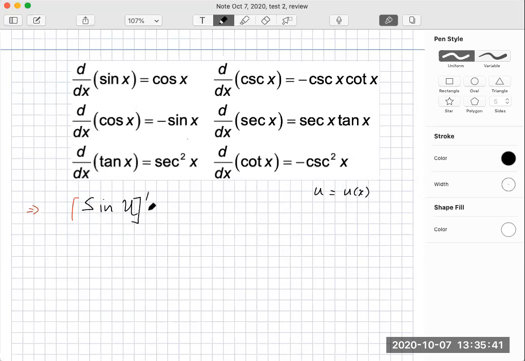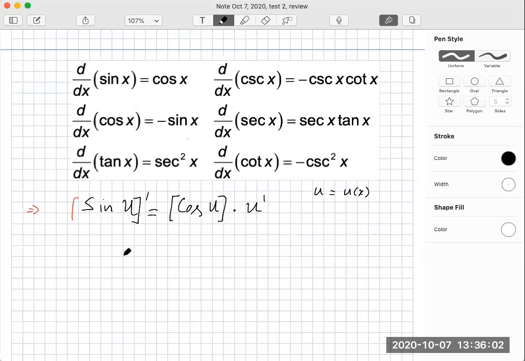Then in general, what do we have here? Very good. Cosine u, and then multiply with u prime, okay?